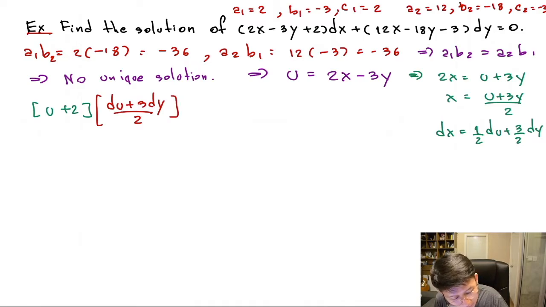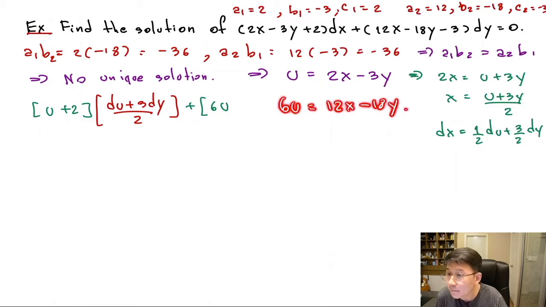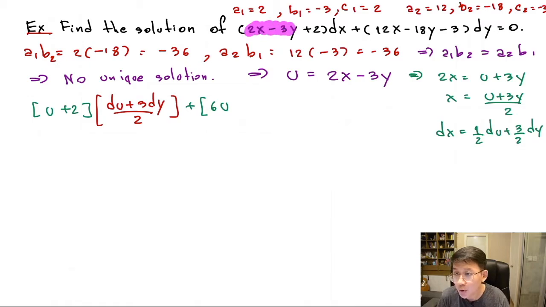And then we have here that 12x minus 18y is actually 6 of u, right? Because u is 2x minus 3y. So 6u is 12x minus 18y. Right? Remember guys, when you substitute this with u, this guy here can be written in terms of u as well.